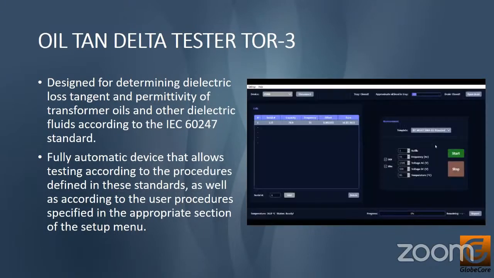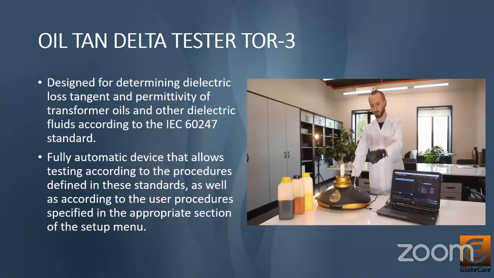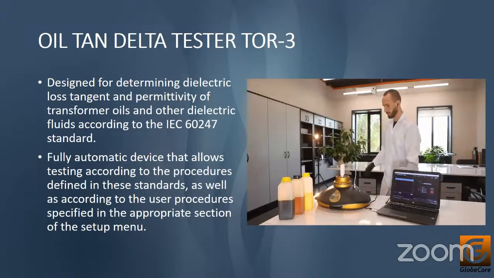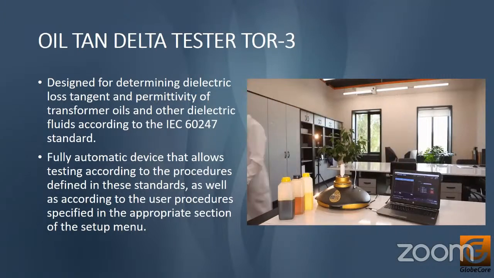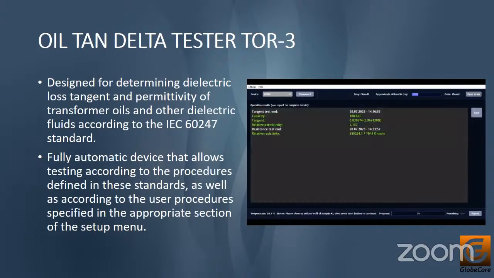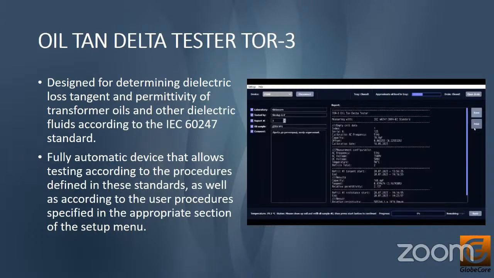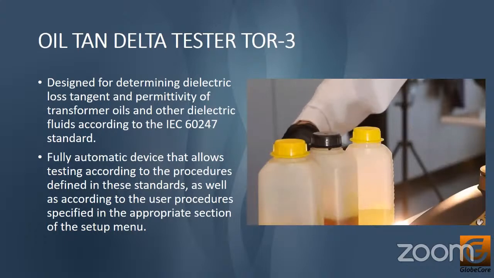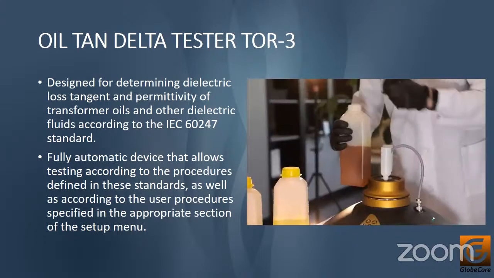And in the case of used oil, the degree of contamination and aging is estimated. Therefore, devices for measuring the dielectric loss tangent should be available in every laboratory. Globcore has developed the TOR3 device for measuring the dielectric loss tangent and the dielectric constant of insulating oils.